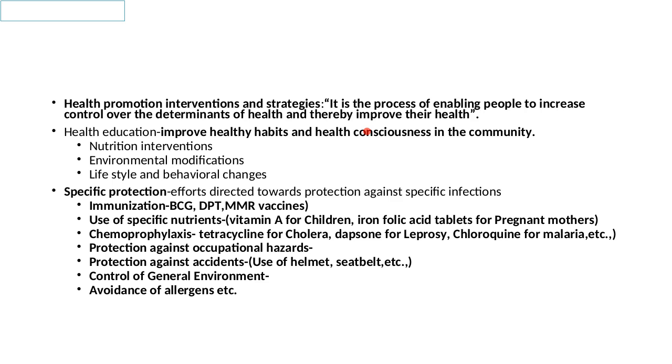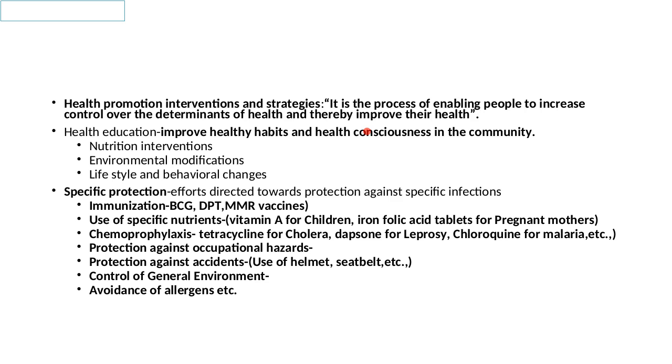Another one is the use of specific nutrients. For example, you can give folic acid to pregnant women in order for them to be protected against birth defects of the unborn child. You're specifically targeting that problem that might affect the unborn child.